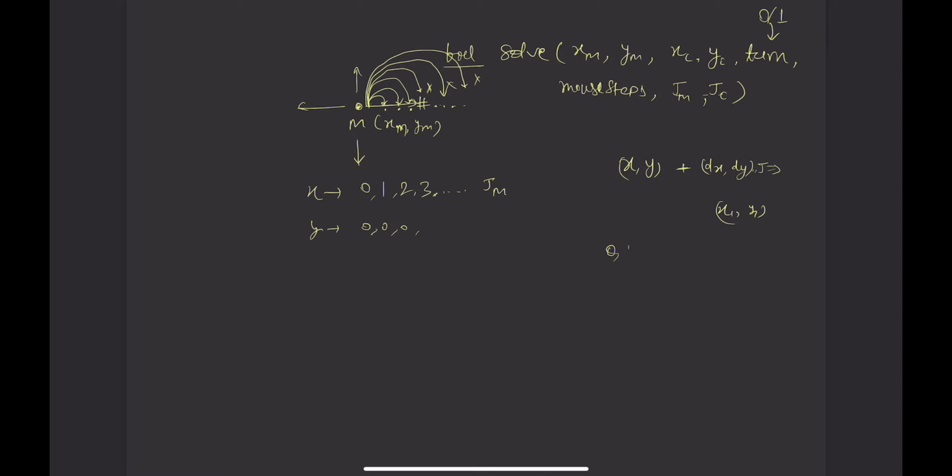If it's 0 and 1, or let's say 1 1, can I make a jump? It can move in all the 4 directions.